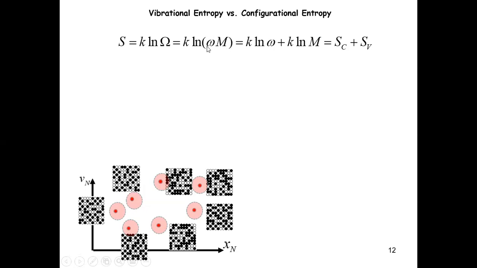So if we have a product within the natural log, we can take them out as two individual sums, right? So now this term is simply the logarithm of the number of distinct atomic packings, or distinct atomic configurations, right? And this contribution is from the vibration associated with each configuration.